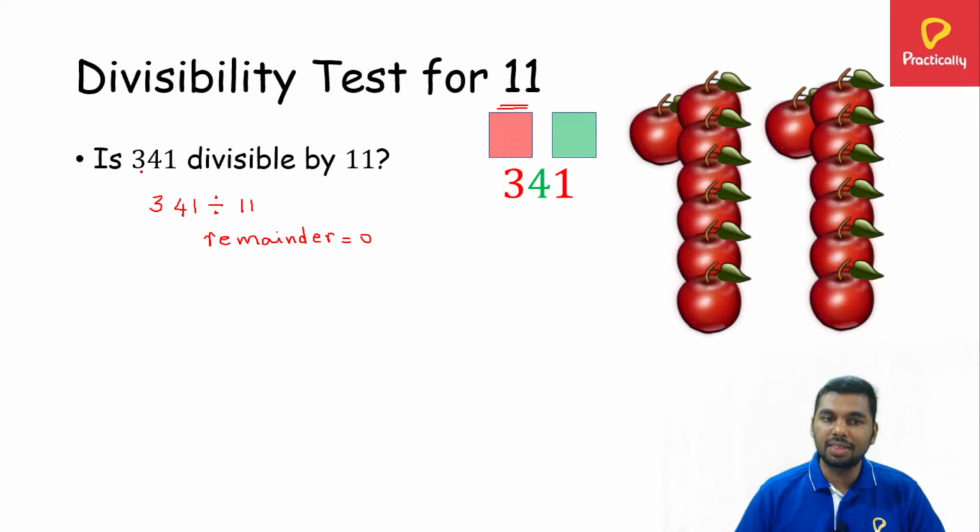we already know that 341, if you just check, the middle number is the sum of the first and the last digits.